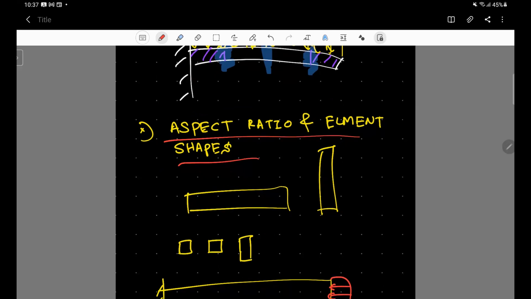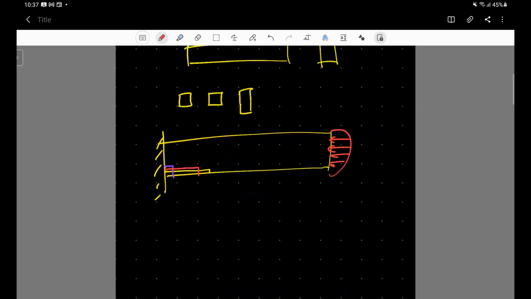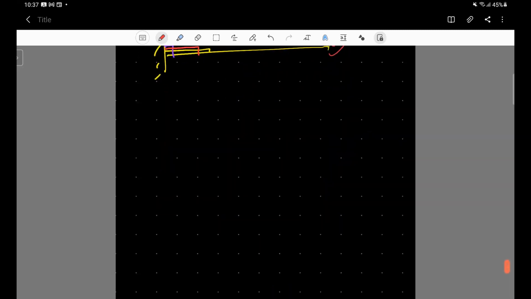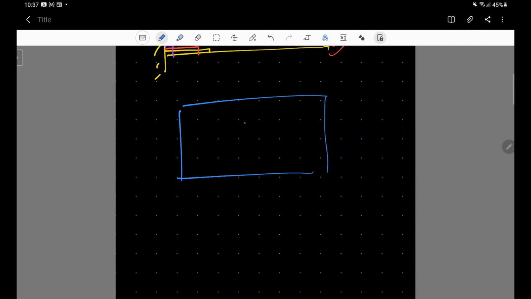And of course, you need to think about the symmetry of the problems. I think you are aware of such issues. By now, you have worked out a problem, a thin plate, plane stress problem, a thin plate with a hole in the middle, which is subjected to tensile forces.